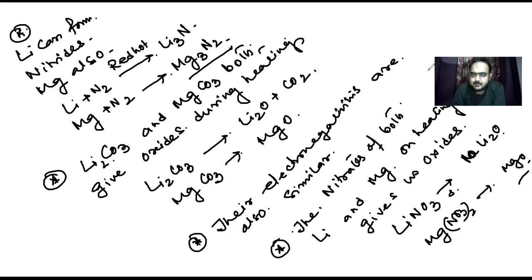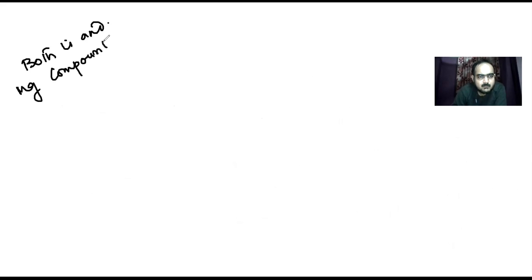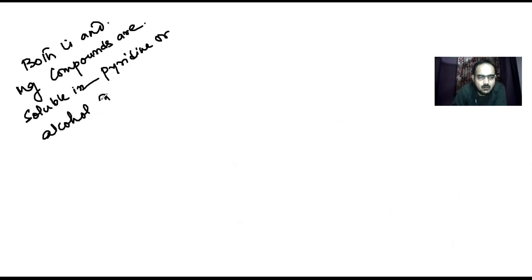Next, you can see both lithium and magnesium compounds are soluble in pyridine or alcohol medium due to their covalent nature.